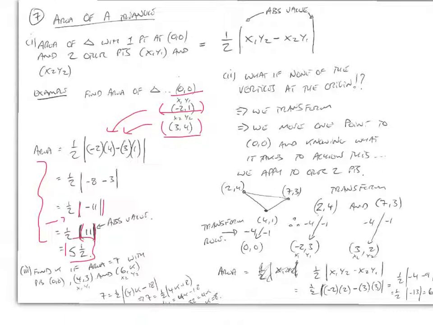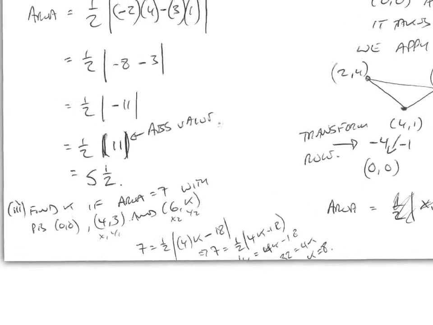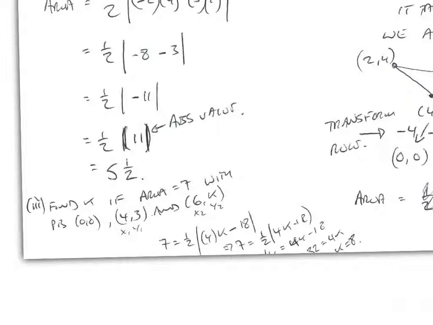A more interesting one is you might be asked something like, find K if the area of a triangle is equal to 7 and that triangle has the points 0, 0 at the origin, 4, 3 and the point 6, K. So you simply let the area equal half x1 by y2, 4 by k, minus 18, the 18 which is x2 by y1 here.